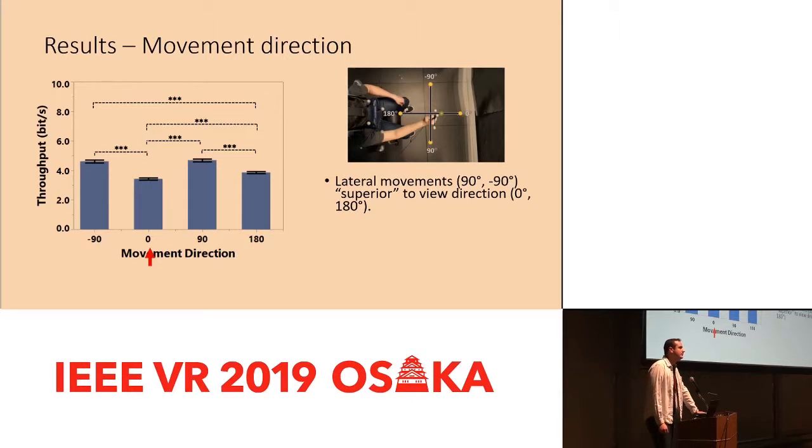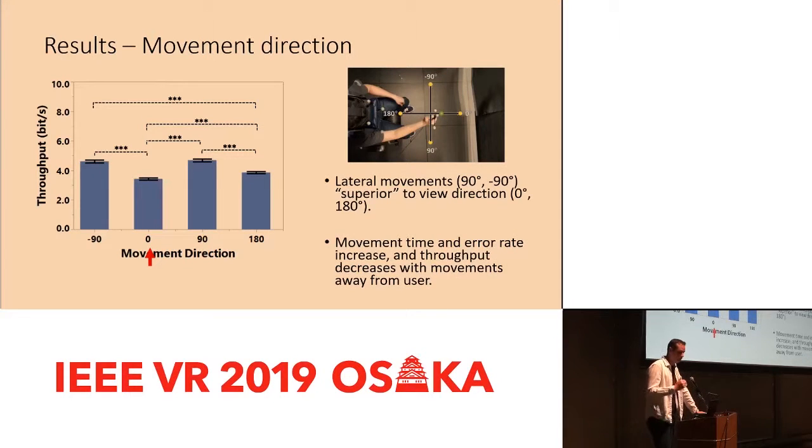The other thing is that zero is the movements getting further away from the participant, and we had the least throughput for this movement. And we had, again, the same results for movement time and error rate, that the subjects' performance was getting worse when they go further away from themselves.